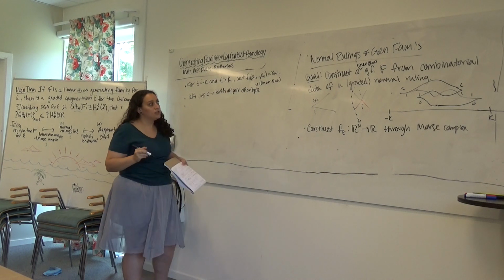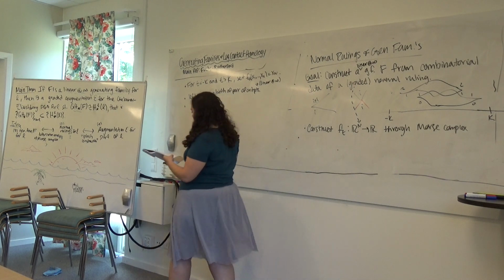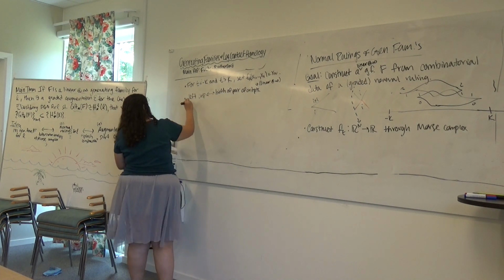Right. So sort of as in the earlier example, the cusps have to do with births or deaths of pairs of critical points.